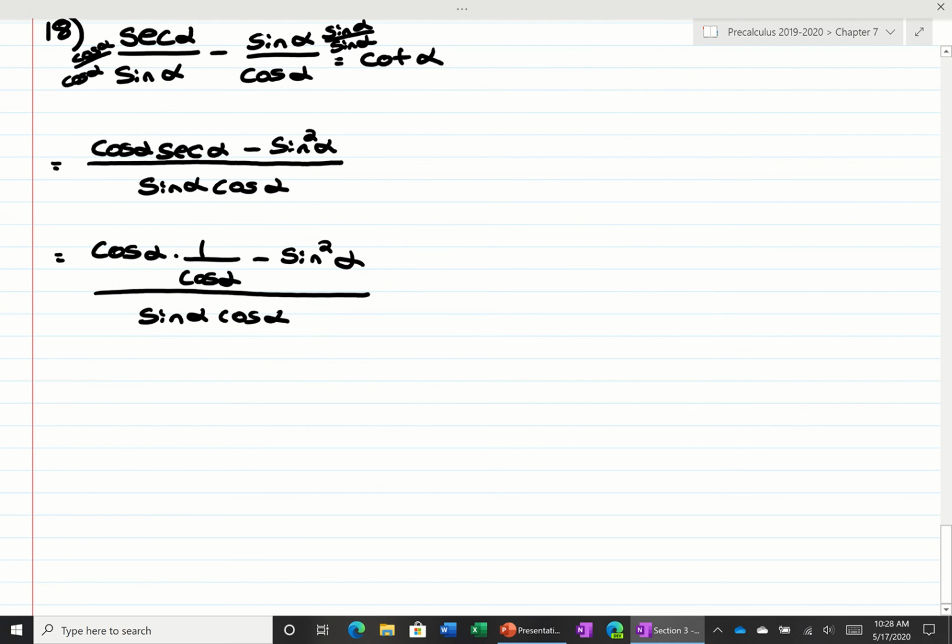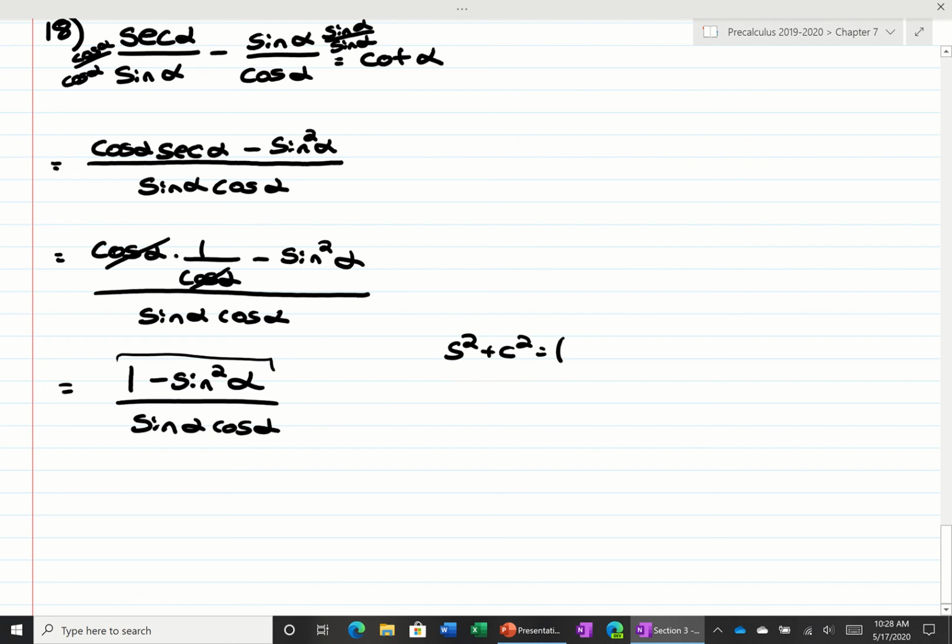Cosine times 1 over cosine cancels, and we actually have a Pythagorean identity. I know that sine squared plus cosine squared is 1, so what's 1 minus sine squared?